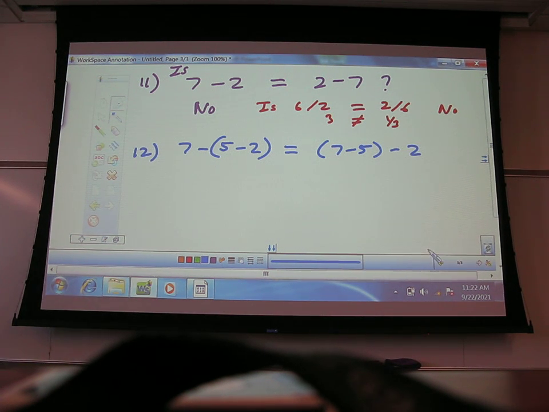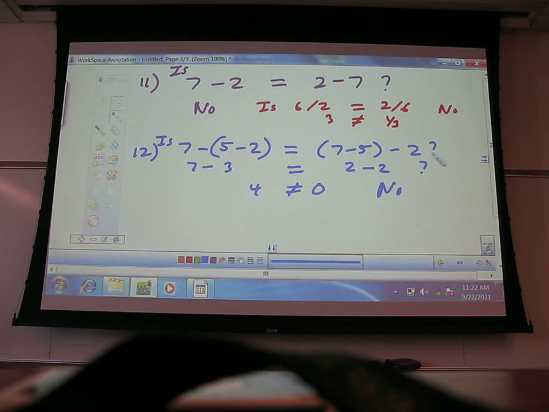What do you guys think? No. I'm getting people nodding no. Right, because if I do this one, this is 2, so this becomes 7 minus 3, which is 4. And this one becomes 7 minus 5 is 2, then 2 minus 2, which is 0. That's totally not the same. So no. Everyone see where we're going with that one?